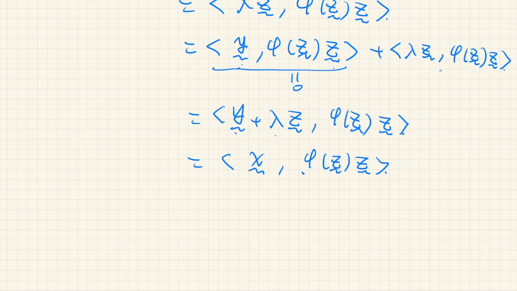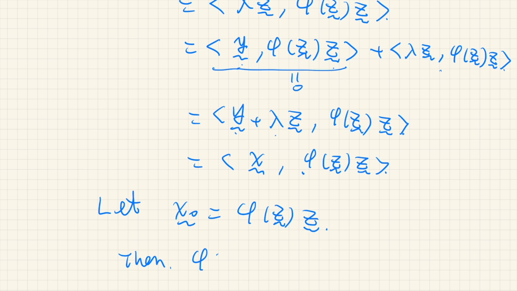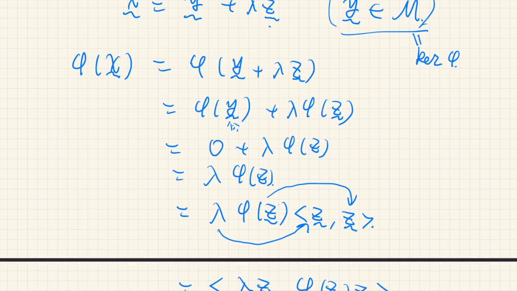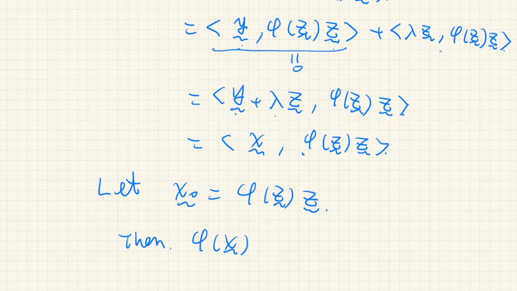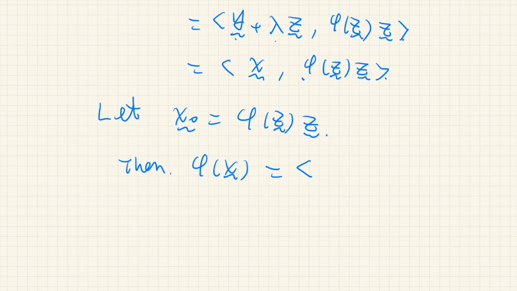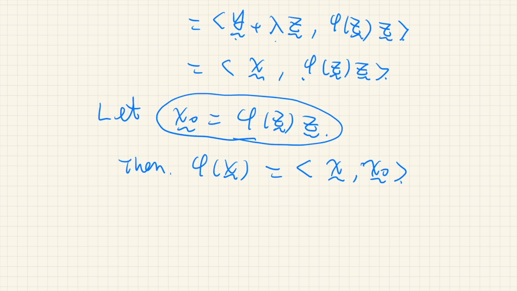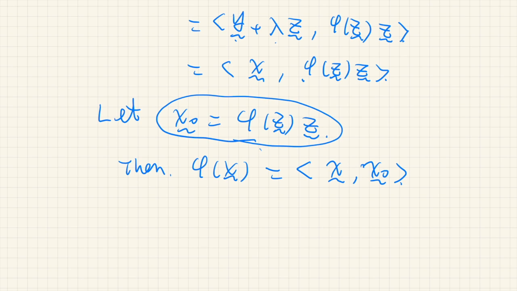So we have this. Now let x0 be phi of z times z. Then phi of x, so we started from phi of x here, ended up as the inner product between x and x0, where x0 was defined in this way. And we still need to prove the uniqueness of this x0.